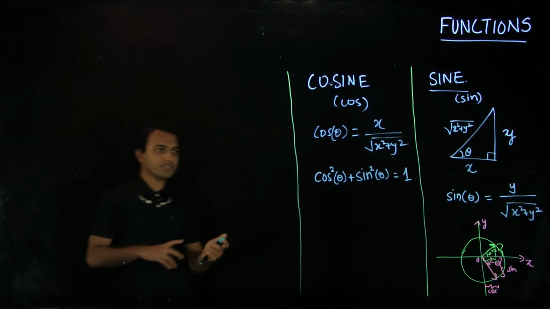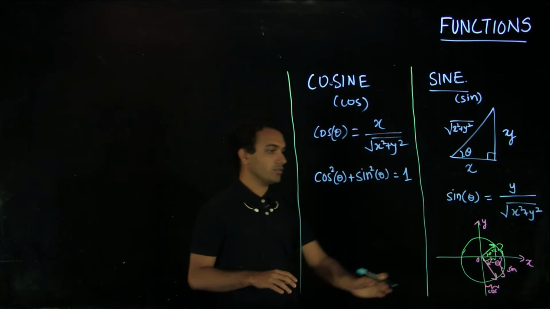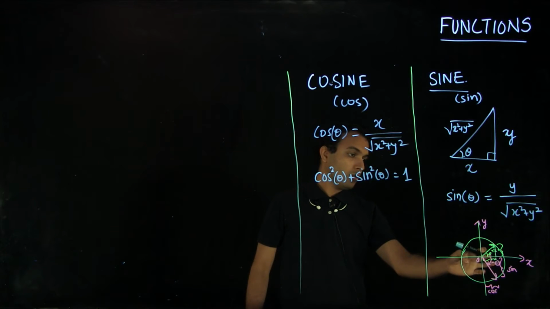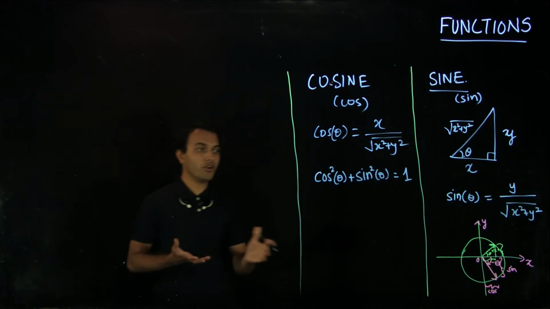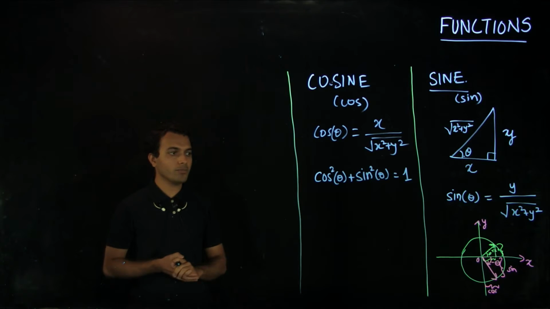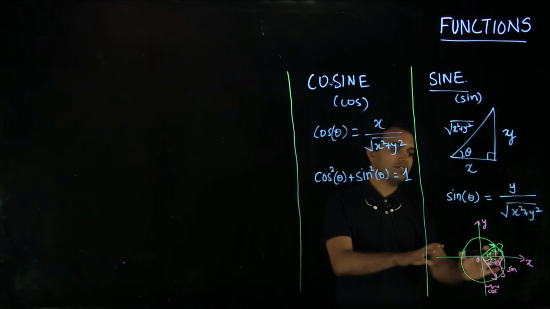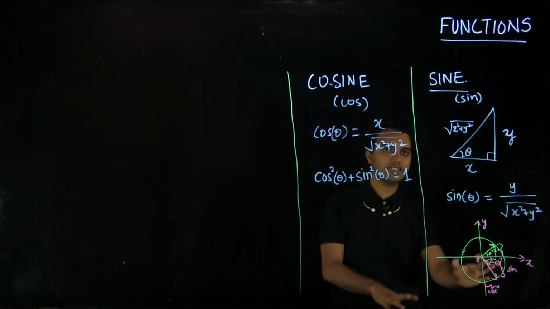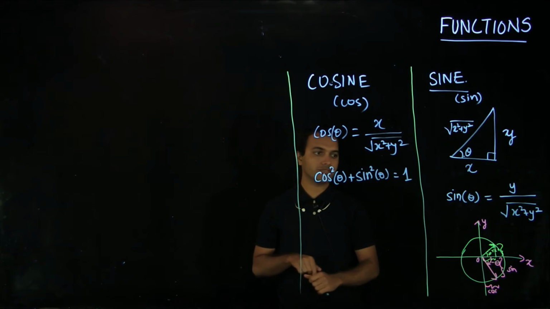So sine and cosine, both of these functions, have repeated values, so they are periodic functions, and we'll learn more about periodic functions. So this tool lets us see that even for theta which is more than 360 degrees, which we typically use in circles, the function just repeats its values.